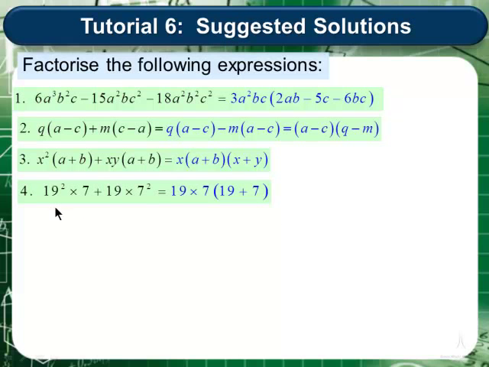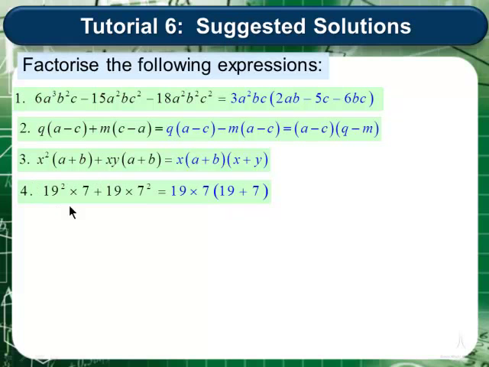Here we're given the numerical expression 19 squared times 7 plus 19 times 7 squared. Now the same rules apply as before in terms of exponents, so what is common to both of these terms will be the expression 19 times 7.